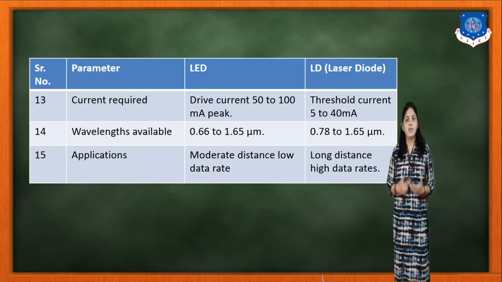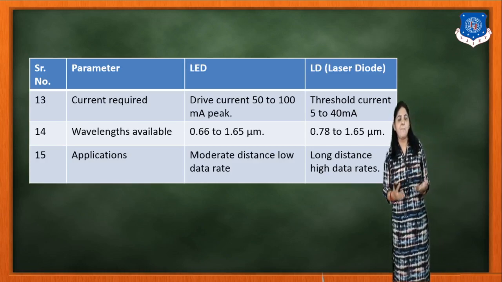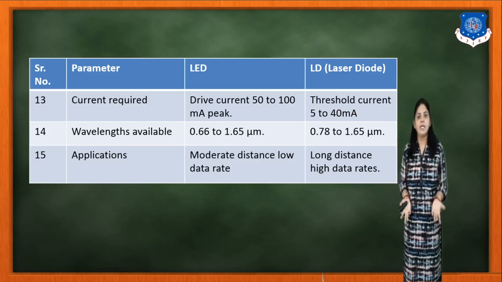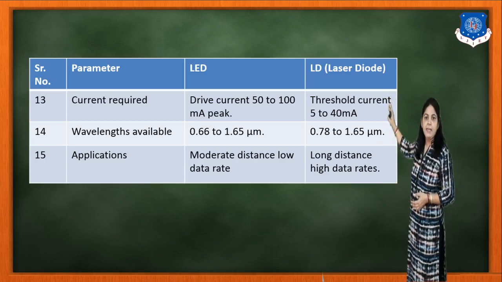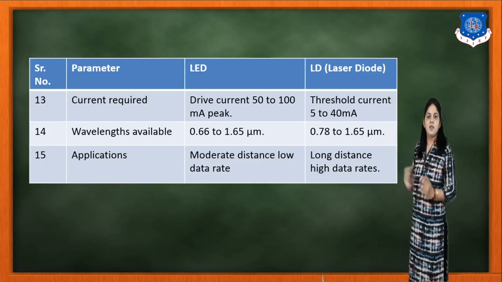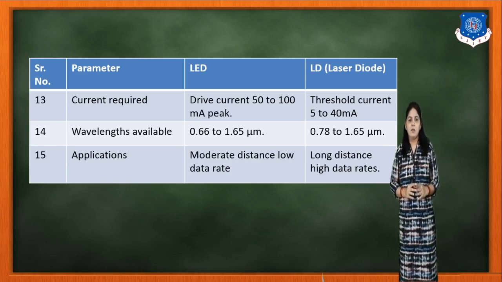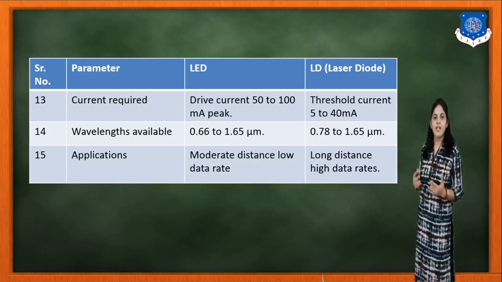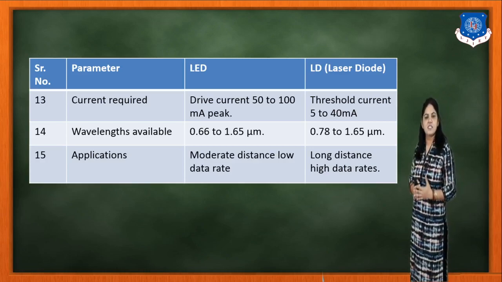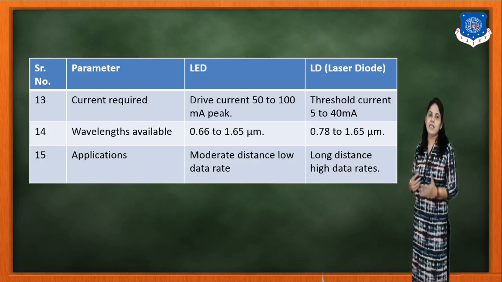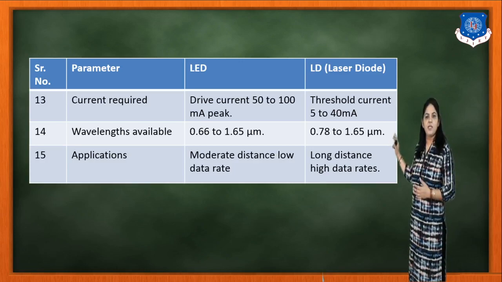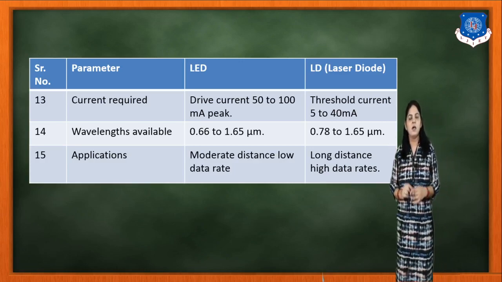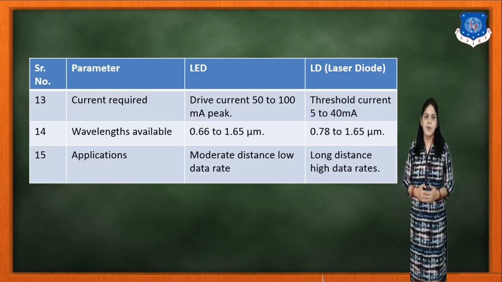The drive current is 50 to 100 milliampere peak for the LED, and a threshold current of 5 to 40 milliampere is required for the laser. The wavelength available is 0.66 to 1.65 micrometer in the case of the LED, and 0.78 to 1.65 micrometer in the case of the laser diode.